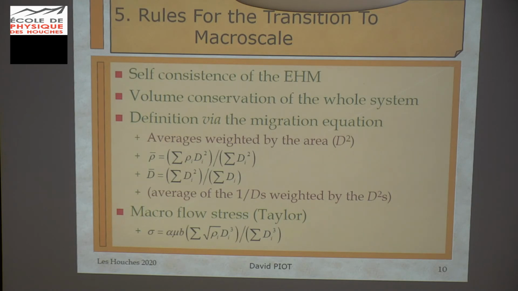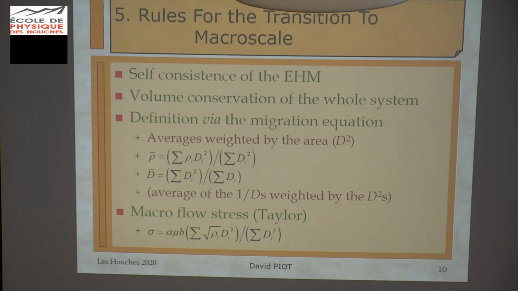If we write that in the migration equation, it's possible to compute the volume change rate, and we know that it is 0, so it's possible to define the average dislocation density we have to take into account in the model to maintain constant volume. And it is simply the average of rho weighted by the area of interaction between grains. So here it is the square of d because we have spheres.